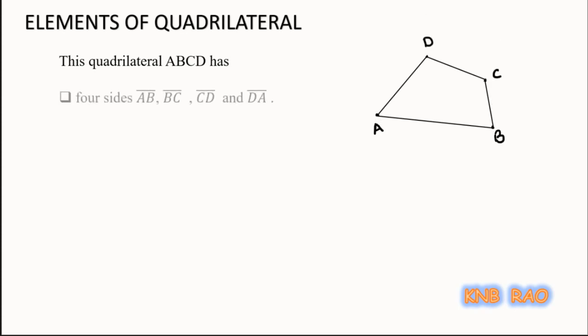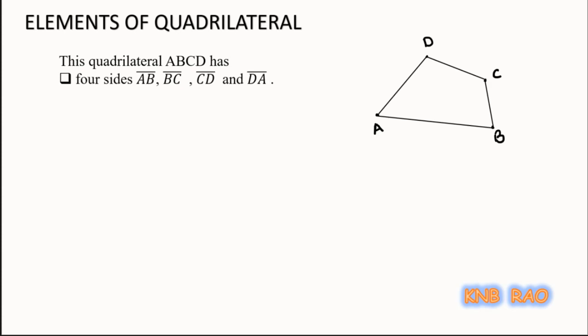This is quadrilateral ABCD, of which I am drawing a rough sketch. In this quadrilateral ABCD, I have 4 sides, that is AB, BC, CD and DA.